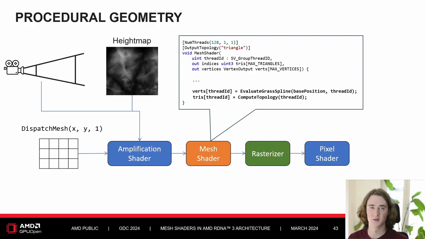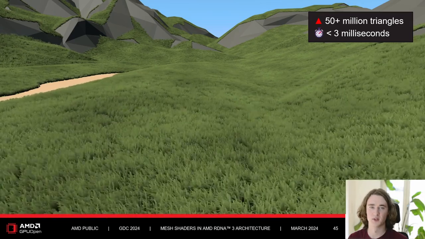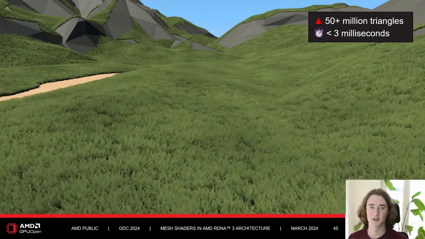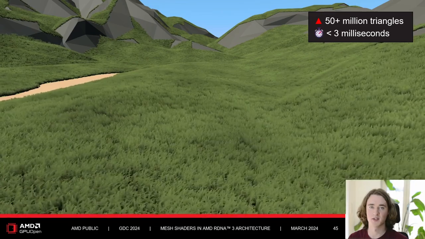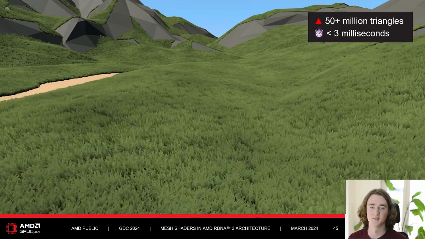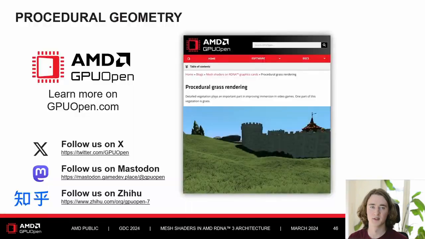This way, you can turn a single patch from before into a nice waving meadow, all on the GPU. In this case, there is only a single mesh shader running here to generate all the grass, and that mesh shader is generating over 50 million triangles in less than 3 milliseconds. If you're interested in this, be sure to check out our blog post linked below.